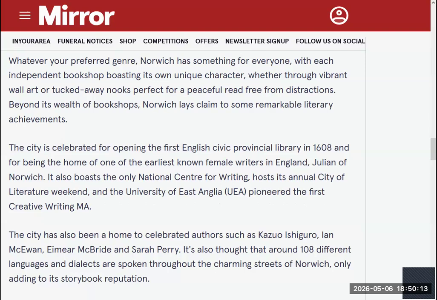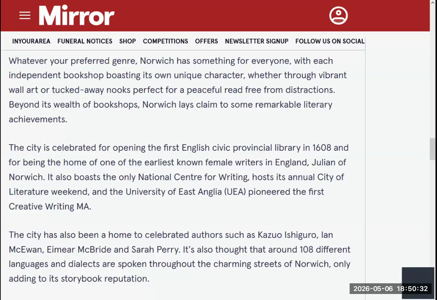Beyond its wealth of bookshops, Norwich lays claim to some remarkable literary achievements. The city is celebrated for opening the first English civic provincial library in 1608 and for being the home of one of the earliest known female writers in England, Julian of Norwich.